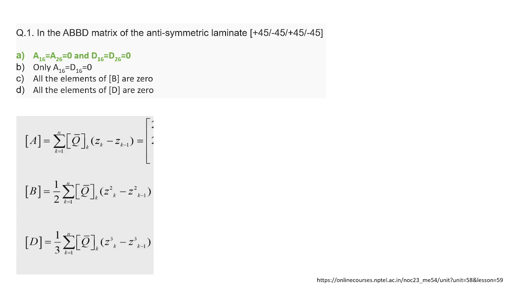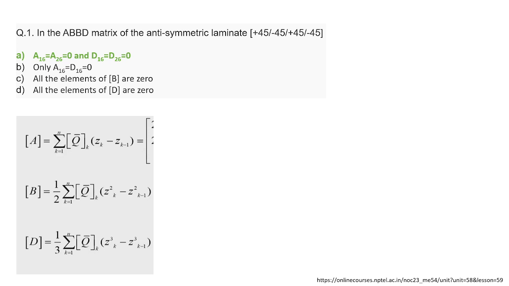So an antisymmetric laminate is one in which there are always plus and minus theta of a laminate. It is another type of balanced, but antisymmetric laminates have both theta plus and minus, but they are not symmetric.